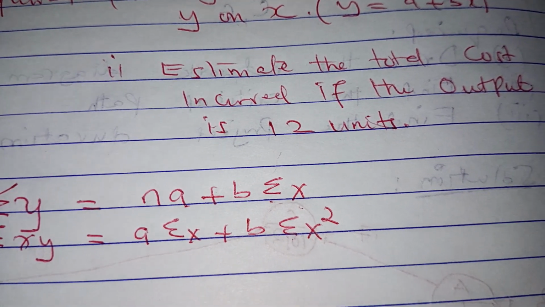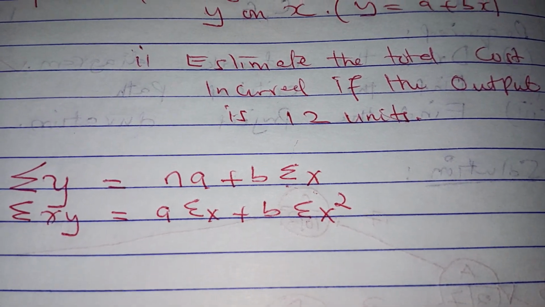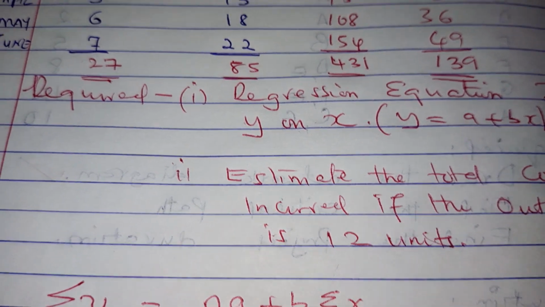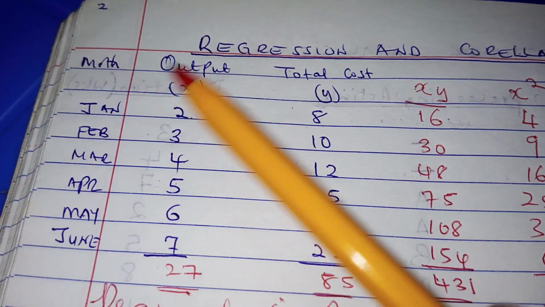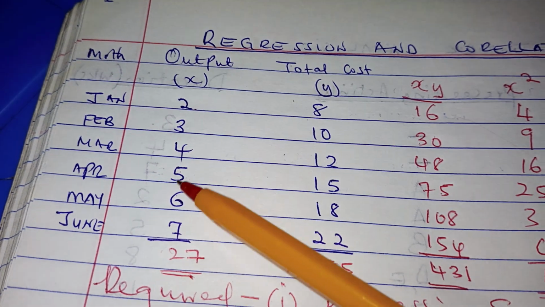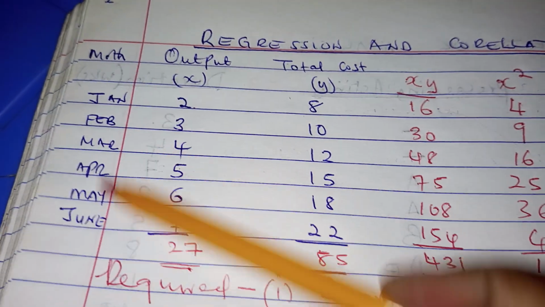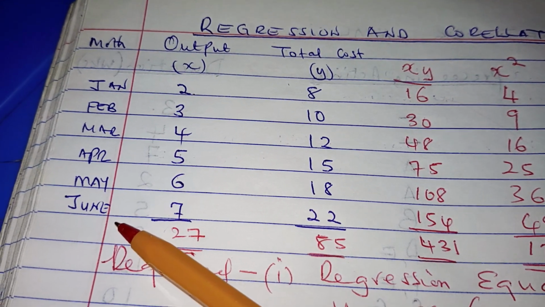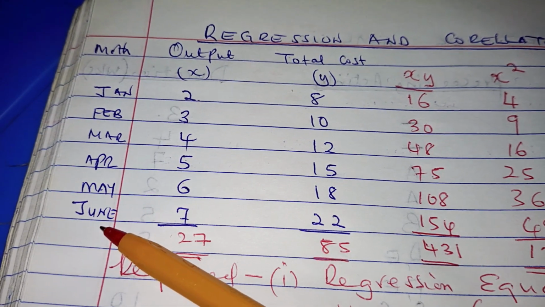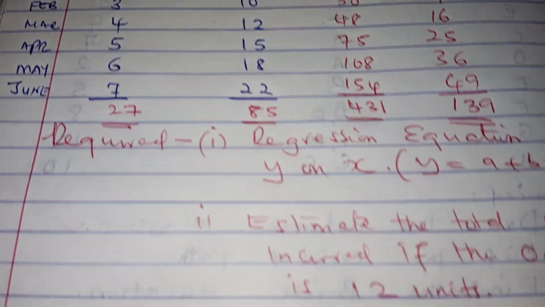Now, inserting the figures in these equations, we have na. But what is n? n is the number of observations. We have x as 1, 2, 3, 4, 5, 6, so the observations are 6. The observation has been done for 6 months, so n becomes 6.